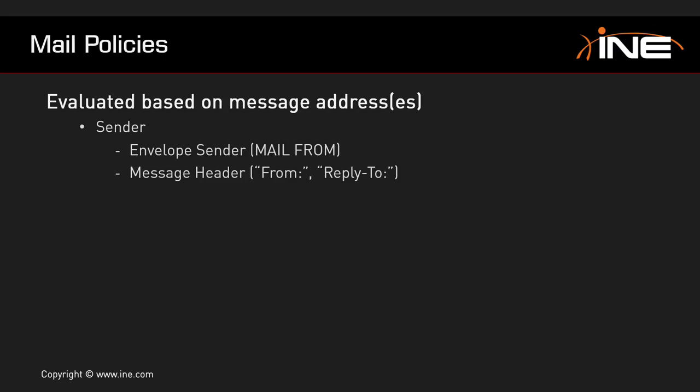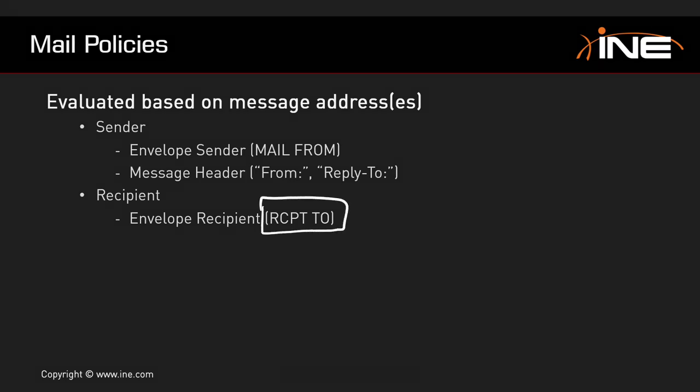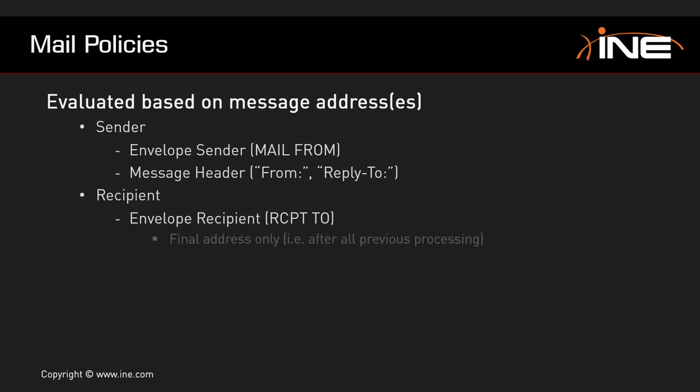Sender information is going to make one type of condition, with the other one being the destination of the message. In this case, it's only going to be the envelope portion, the recipient from the envelope, and specifically, it's always going to be the final address seen in a message that is used by our policies.